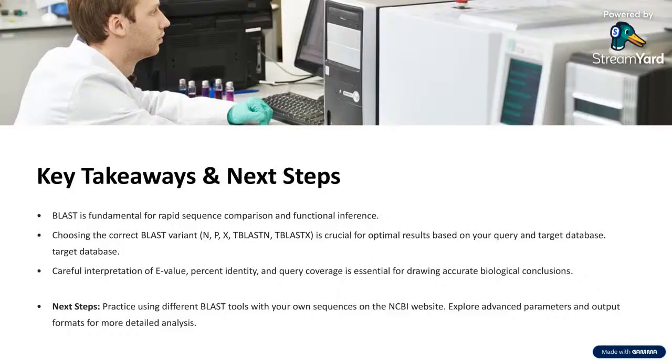Always check the e-value, percentage identity, and query coverage to interpret results correctly. Explore additional features on the BLAST site like format options, organism filters, and graphical tools. And most importantly, you should practice all the BLAST types.